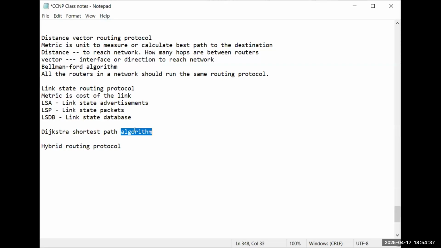This works based on the link state. What it does actually is, every router that runs this algorithm is going to find the shortest path by calculating the link state. That is, the shortest path is calculated from the link state.